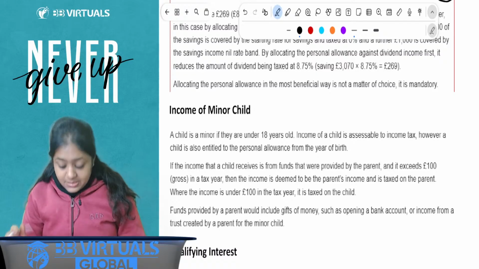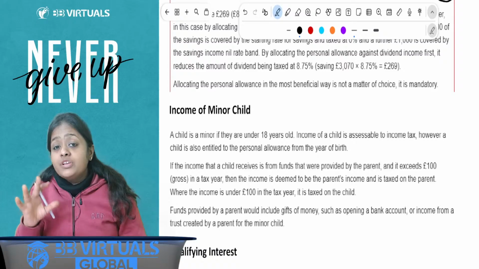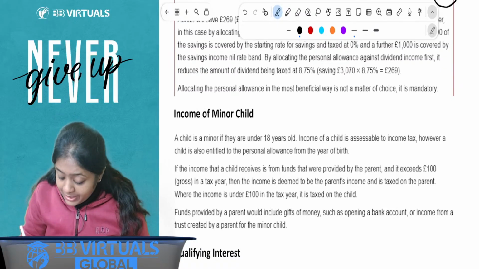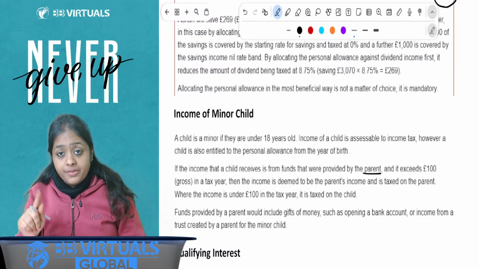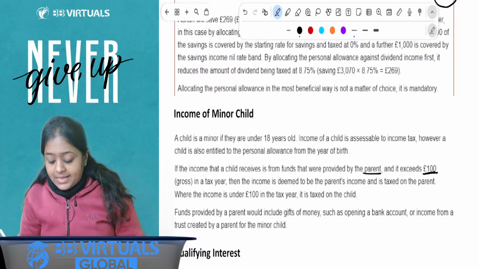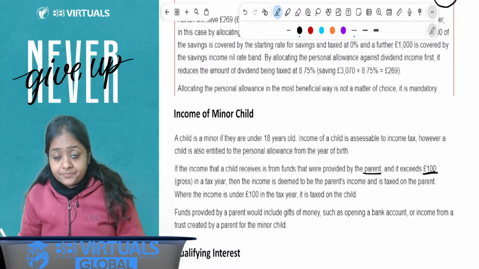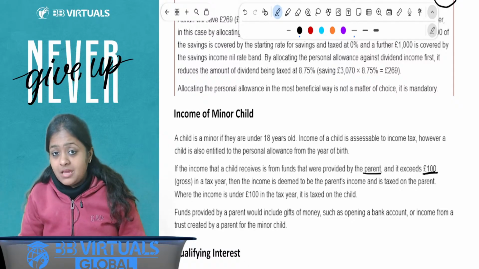So this concept says if the child is receiving income from a fund, even though it is provided by the parent, the first condition is earning income. Number two, it is exceeding 100 pounds in a tax year. Then it is not his income, right? I repeat again.